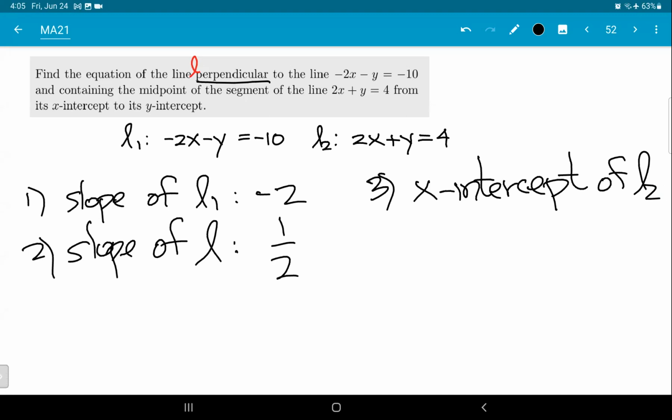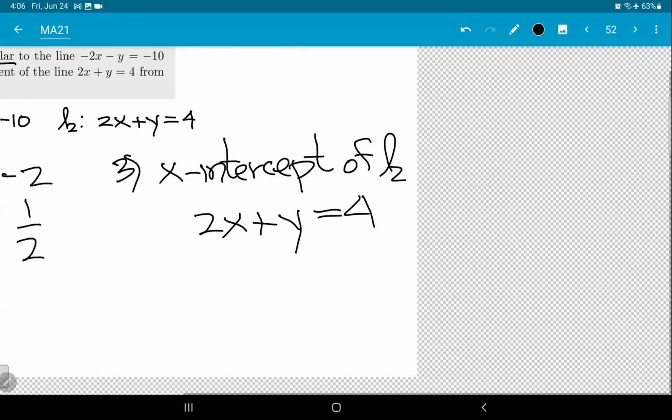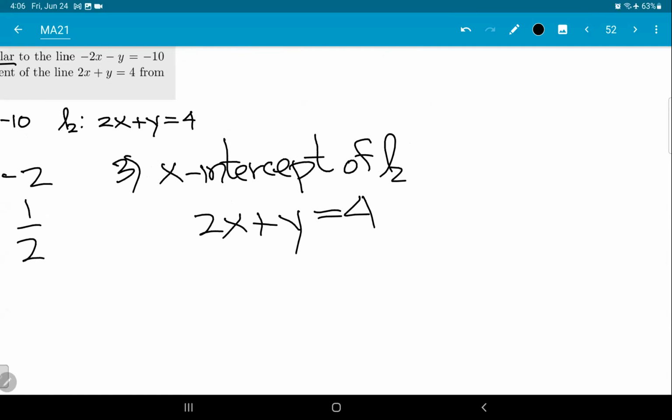So, kung x-intercept yung hinahanap mo, yung y yung isi-zero mo. Kapag y-intercept ang hinahanap, yung x naman yung isi-zero mo. And this is the equation of L2. Kaya, if you want the x-intercept, you set y to 0. Okay?